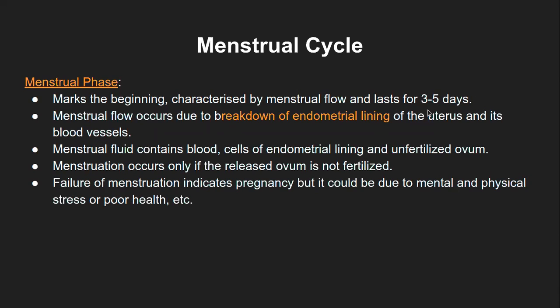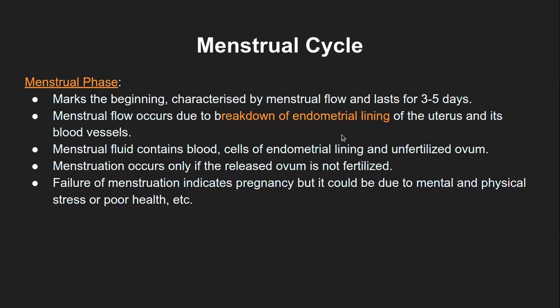In some cases, it might last up to 7 days. In some cases, it is just 3 days. That depends on how much flow of the menstrual fluid and how long, that is a very individualistic thing. Menstrual flow occurs due to the breakdown of the endometrial lining.